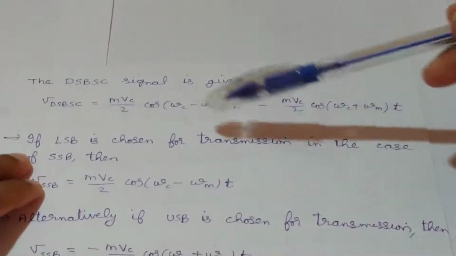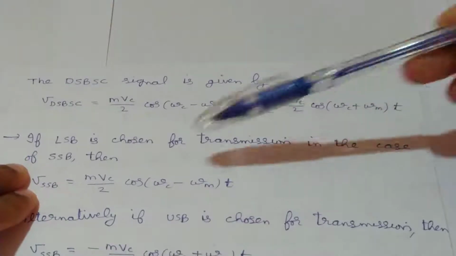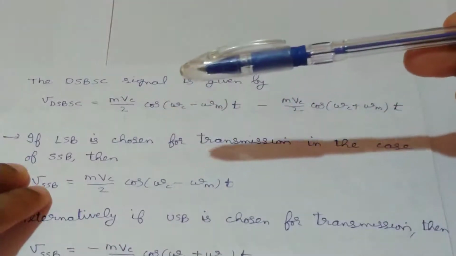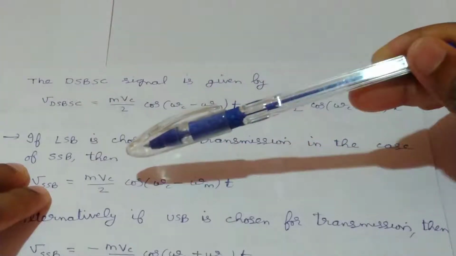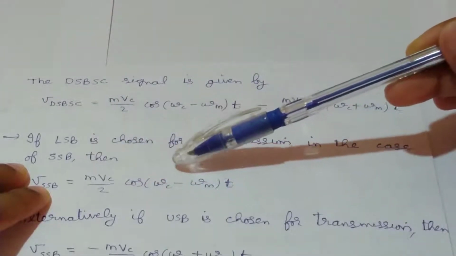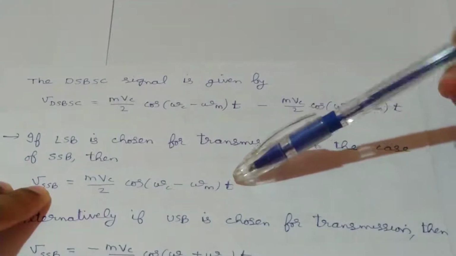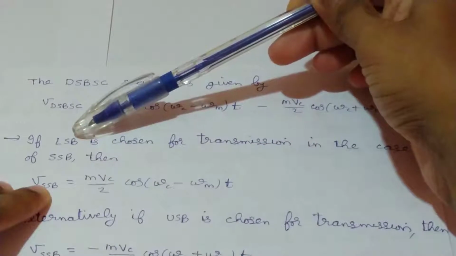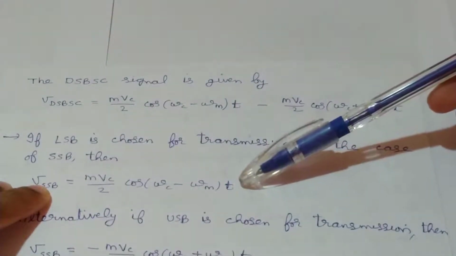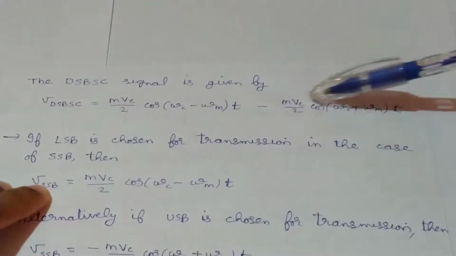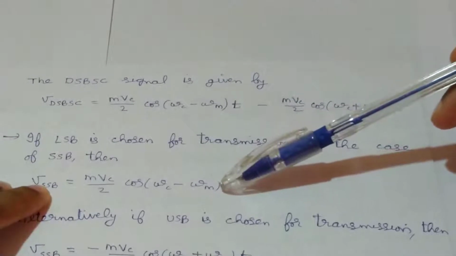Hence, if the LSB is chosen for transmission, then the equation for the single sideband wave is V_SSB equal to mVc by 2 cos (omega c minus omega m) t. So here we are transmitting the lower sideband to the receiver side and the upper sideband component is suppressed. This portion is suppressed and we are transmitting only the lower sideband component.